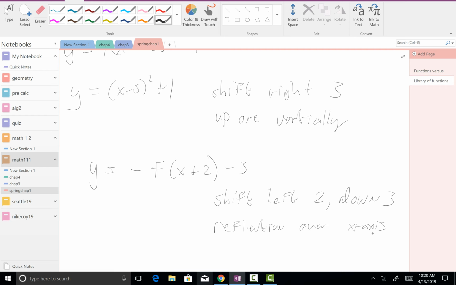That's why I had to do that first one. So left 2, because it's opposite inside, down 3, negative 3, and reflection over the x-axis. So when it's minus x, that's a reflection over the y-axis.